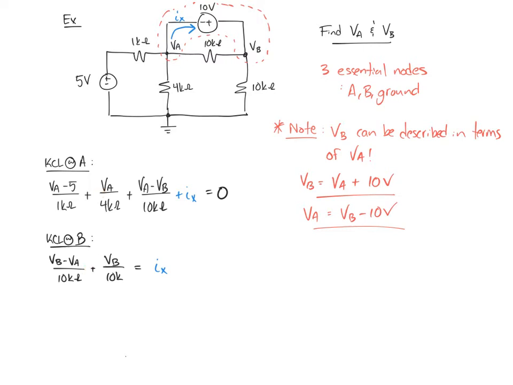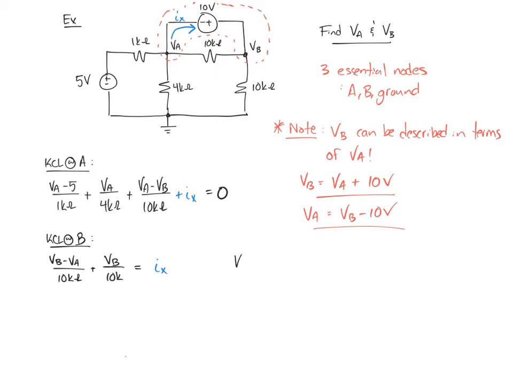Okay, so now let's examine our system. I've got two KCL equations in terms of VA, VB, and IX. So I have three unknowns, but I have a third equation right here relating VA and VB together so I can solve this system. If I didn't get that relationship pinning VA and VB together, it wouldn't be solvable.